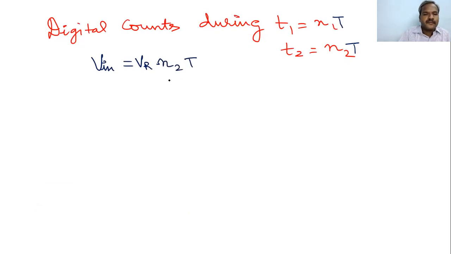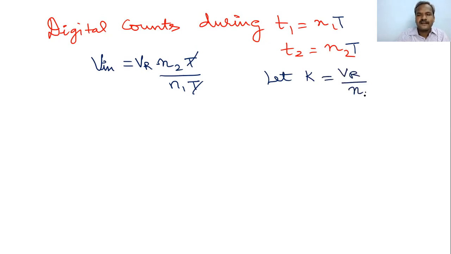N2 T by N1 T. So T cancels. Let's say some constant K equal to VR by N1. So K equal to VR by N1.